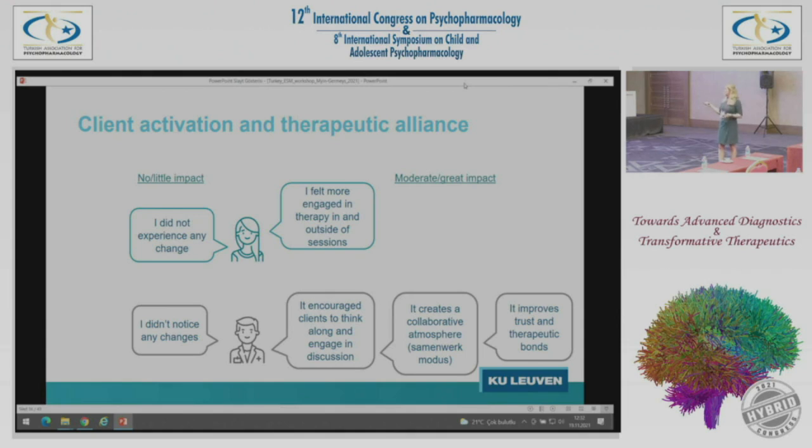It creates a collaborative atmosphere, a modus of collaboration. You're working together in this. And some said it improves trust and therapeutic bonds. So some people felt that it was quite a positive thing, but not everyone.